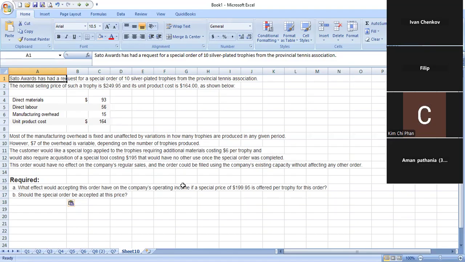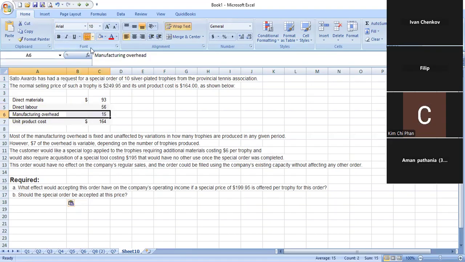So let's see what this company has. They have requested a special order for 10 silver plated trophies for the Provincial Tennis Association. The normal selling price of those trophies is $249.95, and the unit cost is $164, shown below. Most manufacturing overhead is fixed, unaffected by how many trophies are produced in any given period.